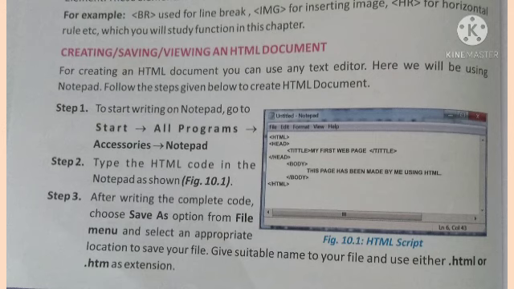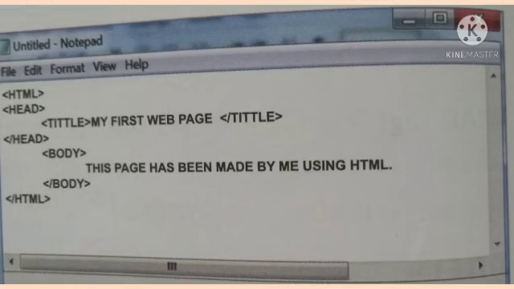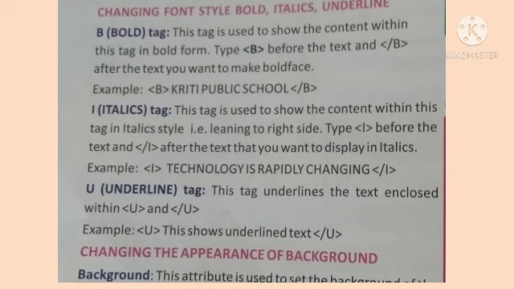Example. First, tags have some additional information inside them called attributes, and it is given in double quotes. First one, the B tag.